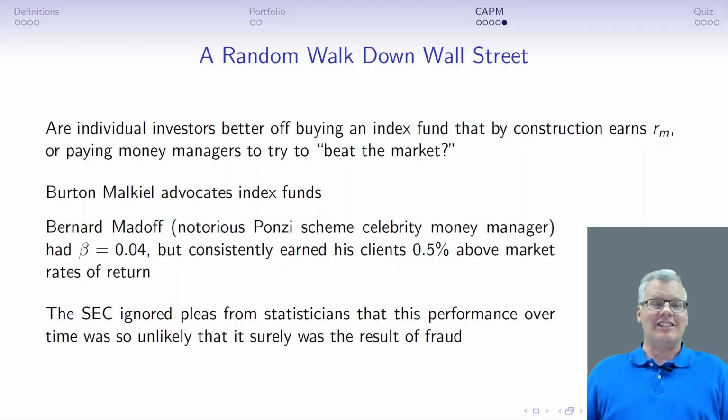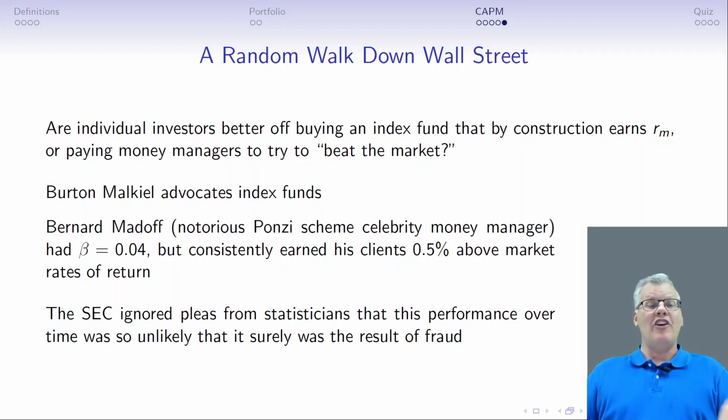The econometrics text that I use in graduate econometrics, it's Marno Verbeek, I'm sorry. So Verbeek's text had a section on CAPM, and what they said was that beta for Bernie Madoff was 0.04.